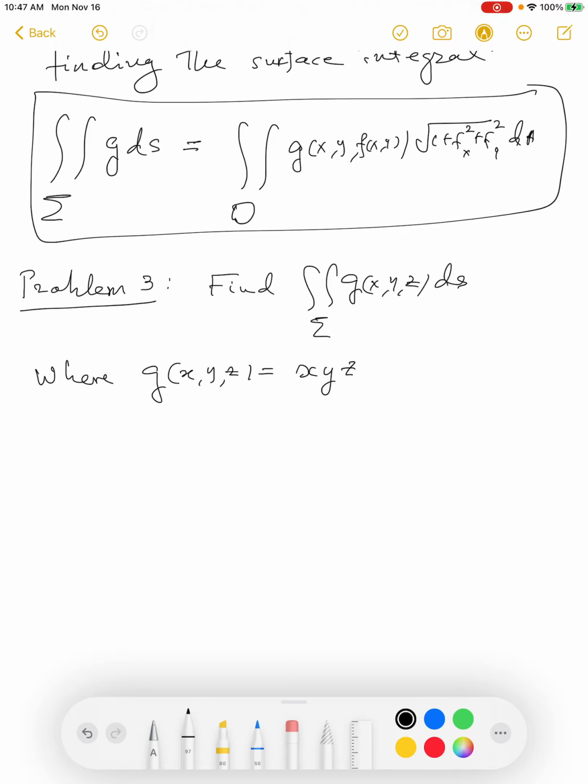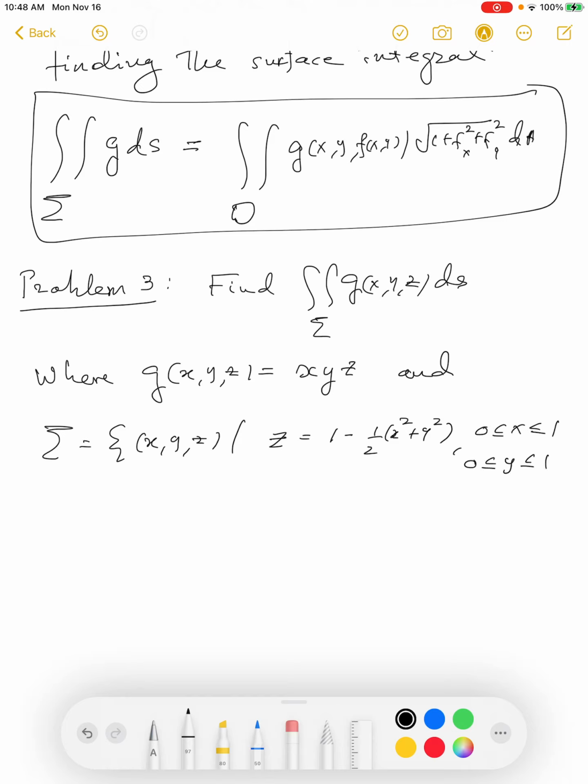This is a function of 3 variables, and sigma is given by xyz such that z is 1 minus 1 half x square plus y square. X is between 0 and 1, y is between 0 and 1.